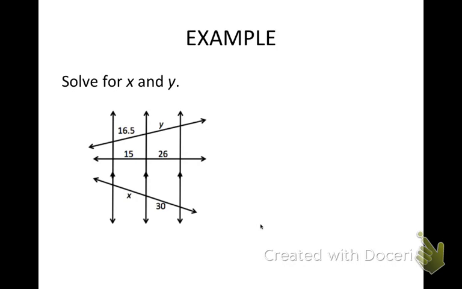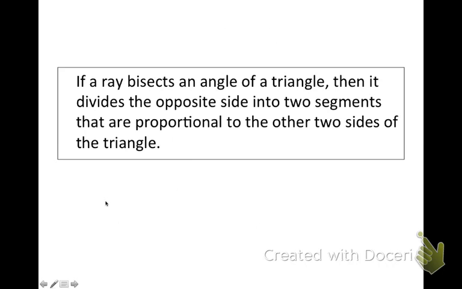The previous two theorems that we just talked about dealt with parallel lines. The last one we're going to be dealing with talks about what happens when we have an angle bisector.